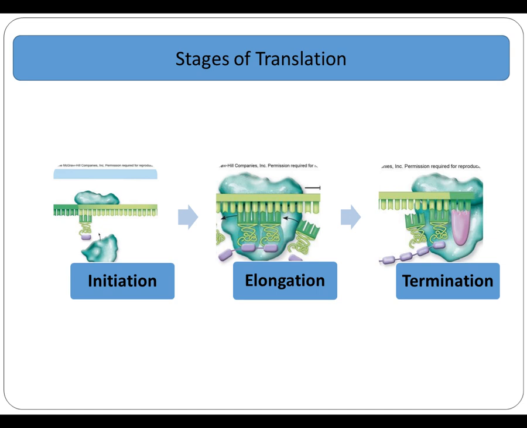Messenger RNA during initiation will bind to the small part, or it's called the small ribosomal subunit, small subunit of a ribosome. Okay, so during initiation, a small subunit of a ribosome will bind to a messenger RNA molecule that just got transcribed.